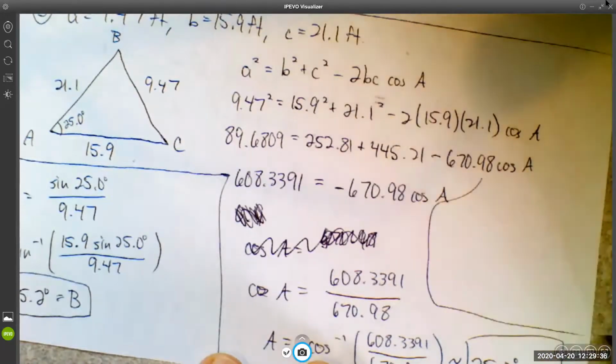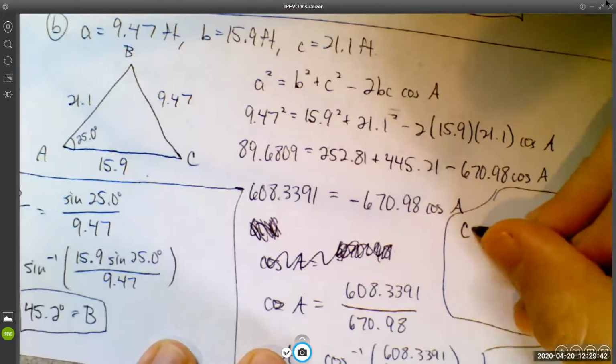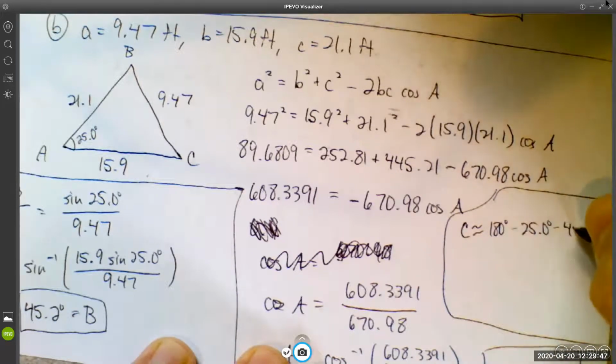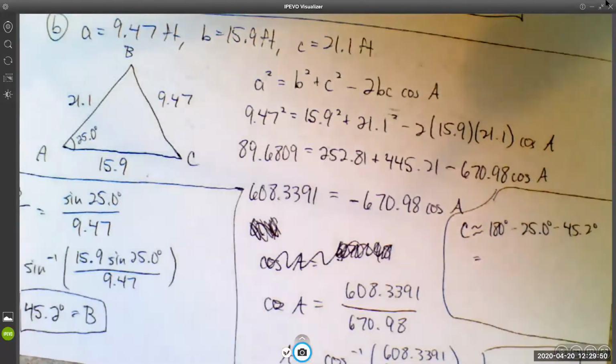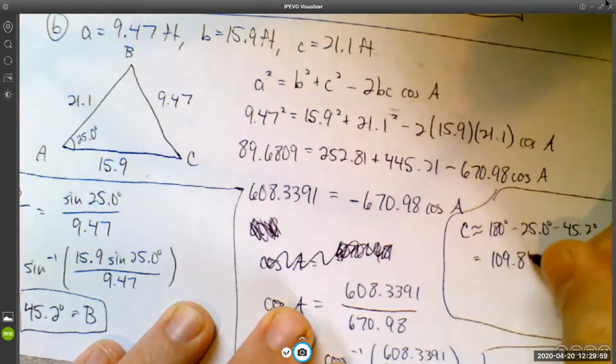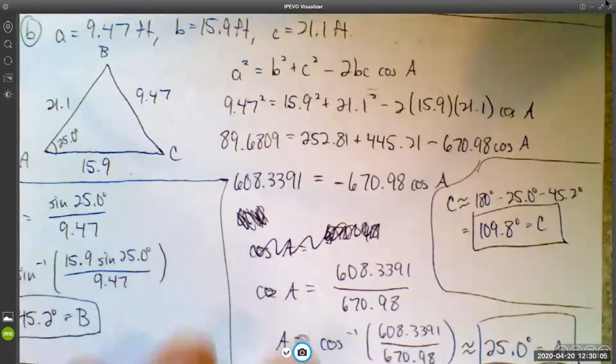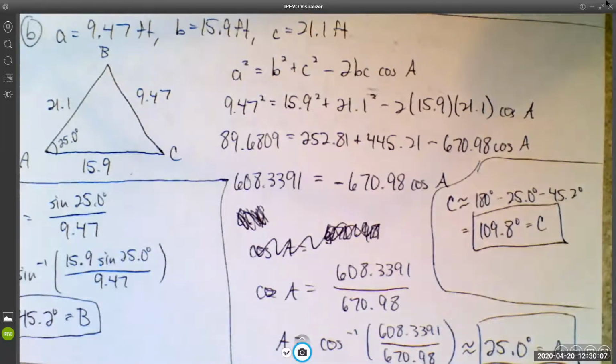Since I know angles A and B already, angle C should be 180 minus 25 minus 45.2, which is 109.8. All right, and there you go. That's how you solve a side-side-side triangle. So law of cosines is pretty nice. It gives us another tool in our arsenal to solve some of these triangles.